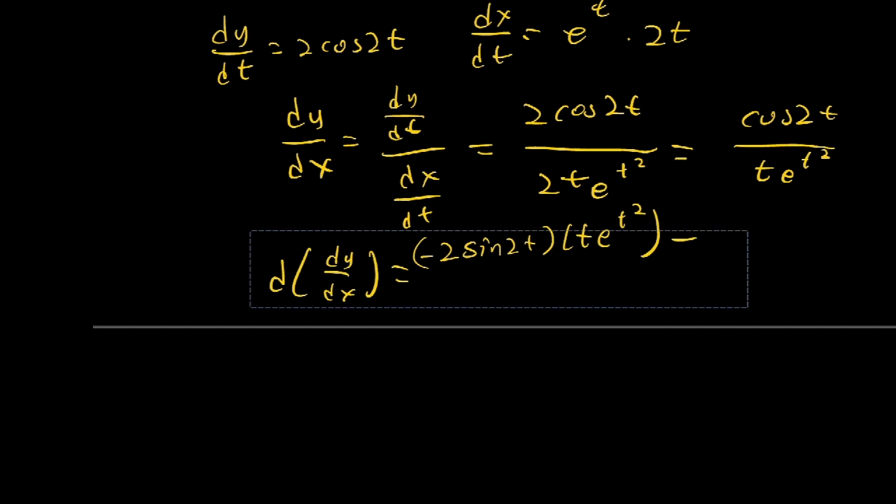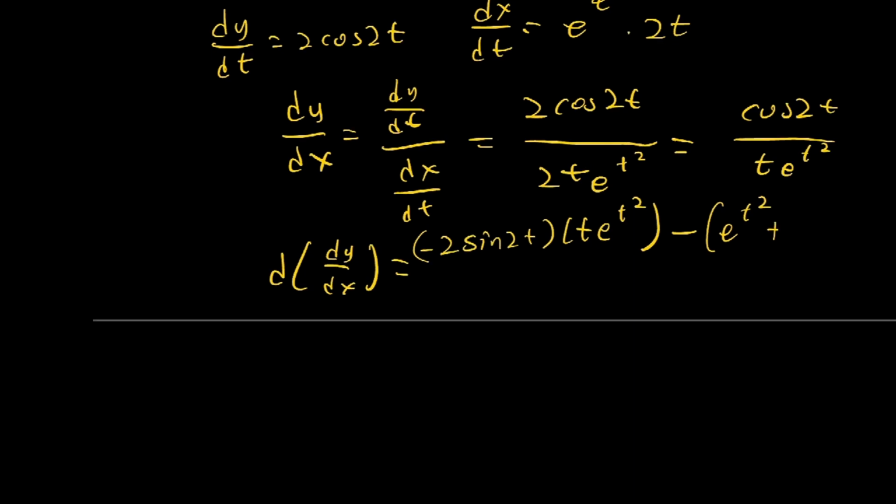So we're going to do some big calculations here. I'm actually going to move all of this down. So minus, the derivative of the bottom here is going to be e to the t squared plus 2t squared e to the t squared. Hopefully you guys got that. The derivative of the second part is going to be t times the derivative of e to the t squared.